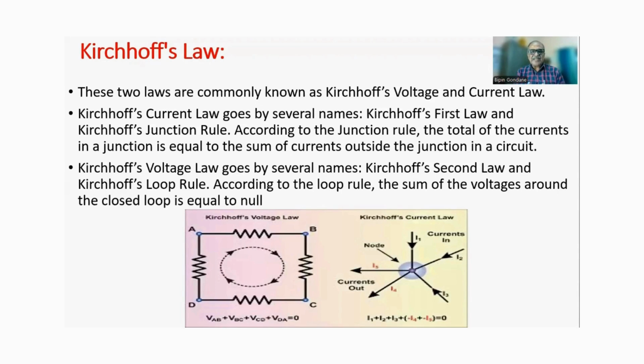The first law, the junction rule, tells you that the sum of the currents entering the junction, or node, I1, I2, I3, is equal to the sum of the currents leaving it. The second, the voltage law, says that the sum of voltages in a loop will be equal to zero. So you have to remember these two laws.